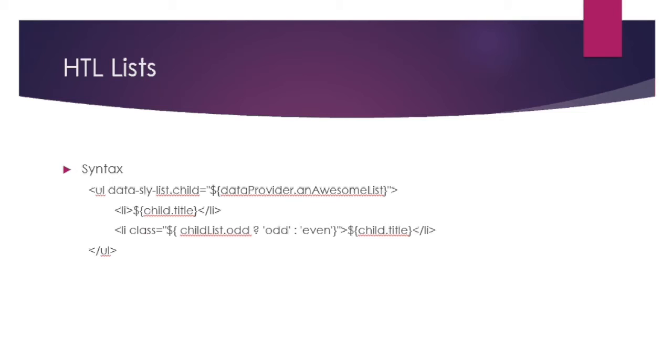So next, we're going to look at doing lists in Sightly. Lists can be objects or arrays or anything that has information, and you need to recursively display it on the markup. So what I have right here is the tag data slide list, and then that tells Sightly that you're going to use a list.